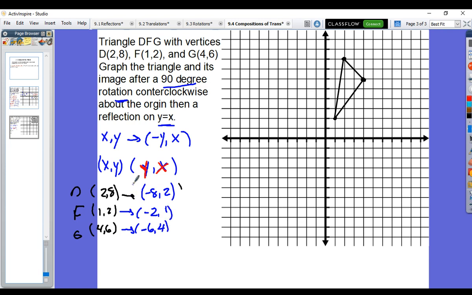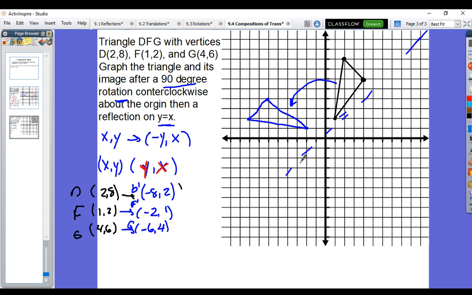So that is our D prime, F prime, G prime. There we go. So that rotated, and then we're going to reflect it over this line right here.